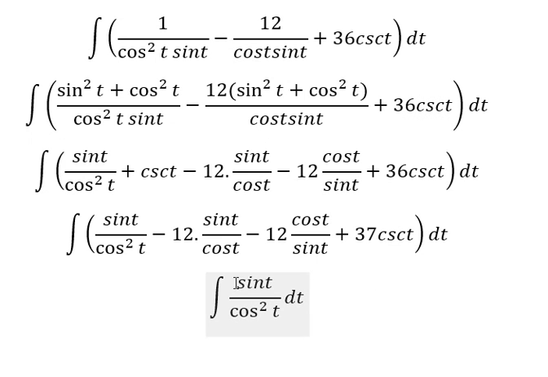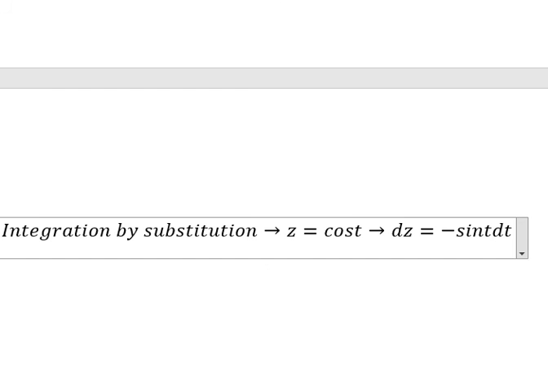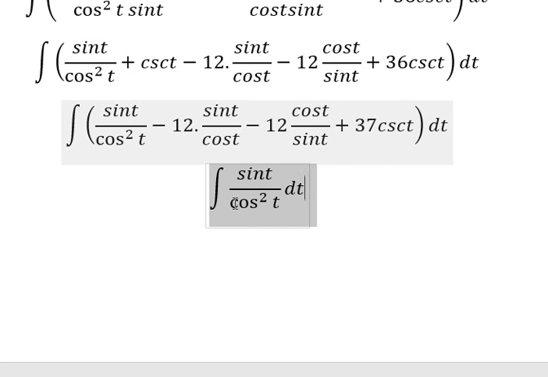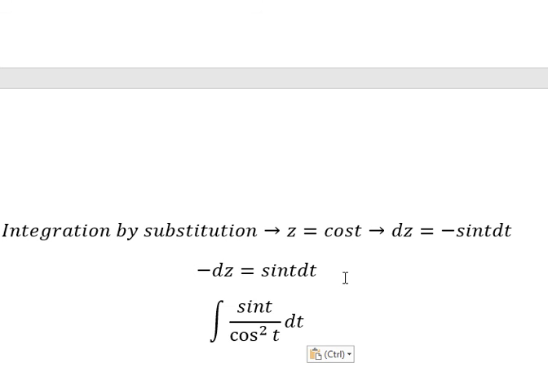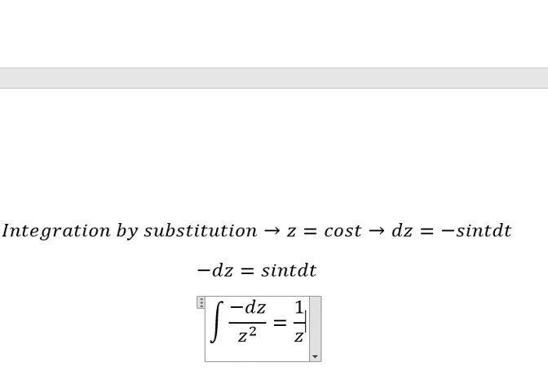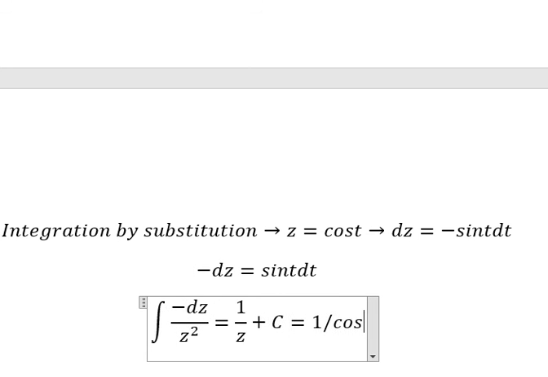Because we don't have the negative sign here, we put the negative next to dz. So this one we change to z squared, sine t dt you get negative dz. The integral of this one you get 1 over z plus c. And z is cosine t.